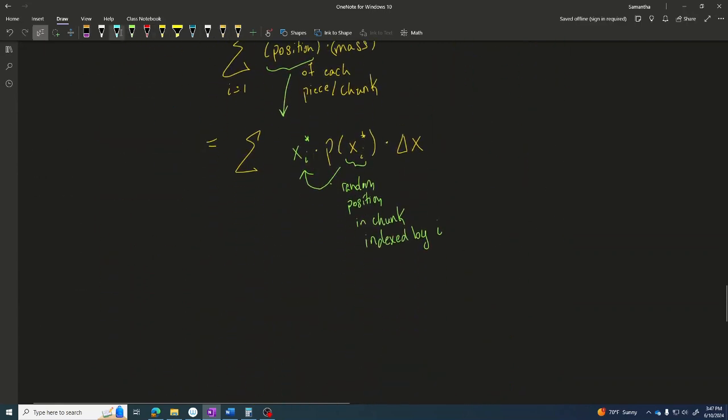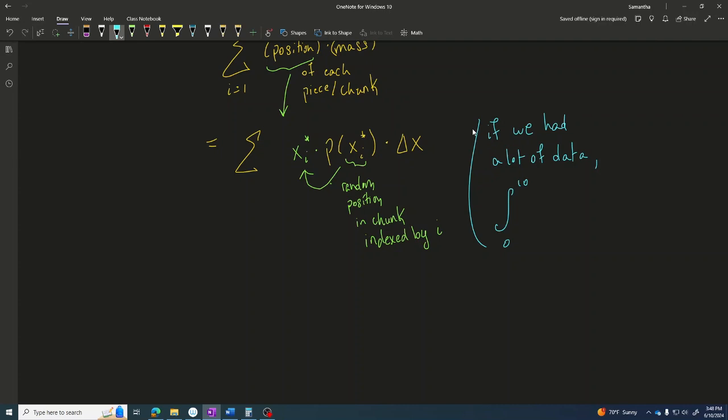Now, if we did have a lot of data, and our delta x, the space between our data points, was very small, then this sum would transform into an integral from the left end of the object to the right end of the object.